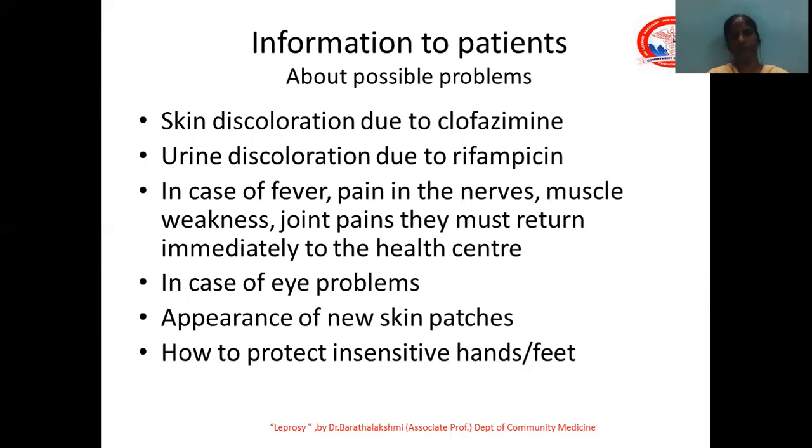That is a known side effect, and it should be informed to the patient, who should be reassured not to withdraw clofazimine, because disability is more disabling than discoloration. One more side effect, of rifampicin, is orange discoloration of urine.